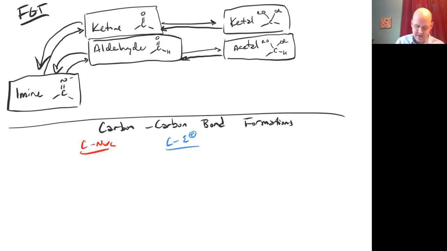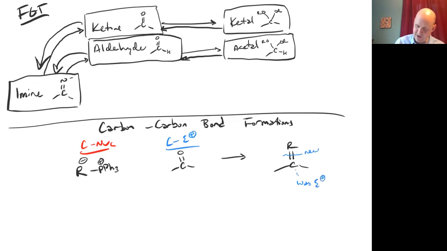And in this case, with the Wittig reaction, our nucleophile was our ylide, so some carbon with a negative charge and triphenylphosphine attached. And our electrophile was a ketone or aldehyde, so a C double bond O. And the product was that we would get a brand new C double bond carbon, with this being my new bond right here. This guy was the electrophile. That carbon up there was the nucleophile from the ylide.